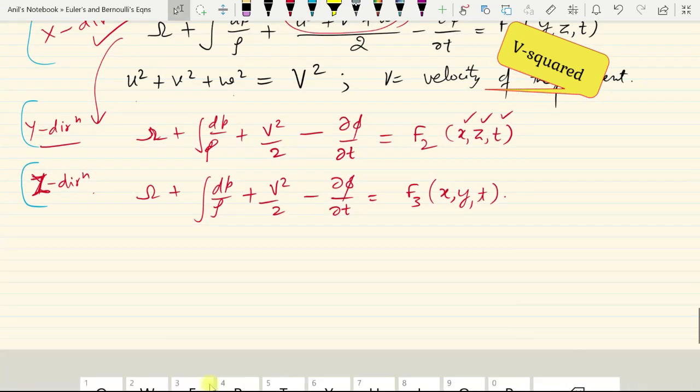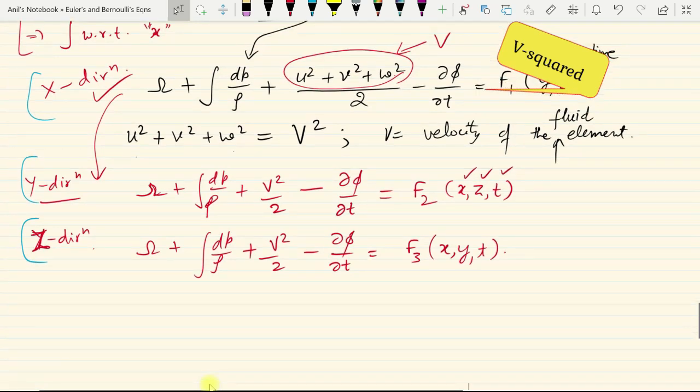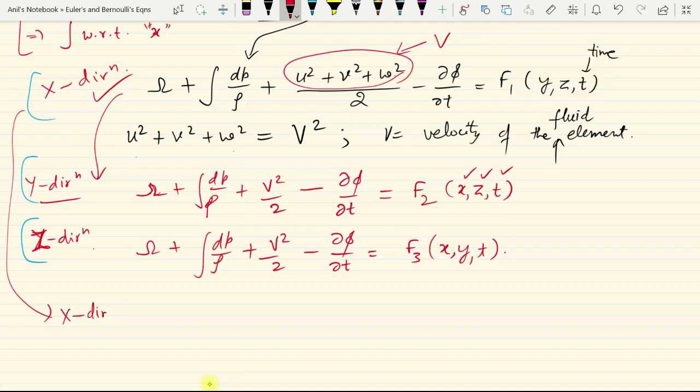Now if you observe these three equations, I'll rewrite the equation for x direction. Omega plus integration dp by rho plus V square by 2 minus del phi by del t is equal to f1 of y, z and t, a function of these.